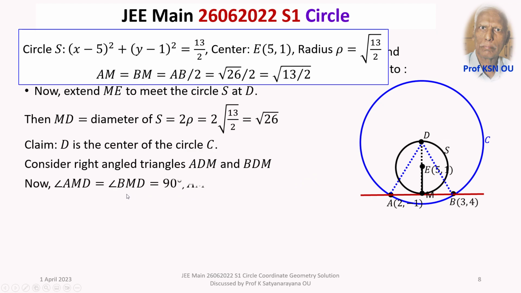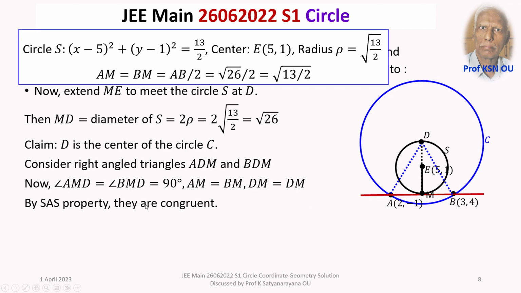Now angle AMD is equal to angle BMD is equal to 90 degrees. Agreed? AM is equal to BM. Just now we have seen M is the midpoint of it. And DM is equal to DM, common side. So we apply the SAS property. Therefore, they are congruent.